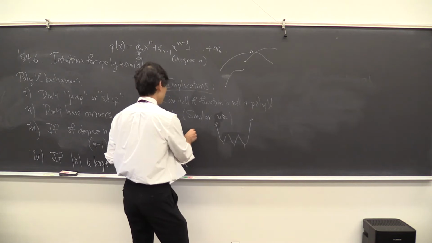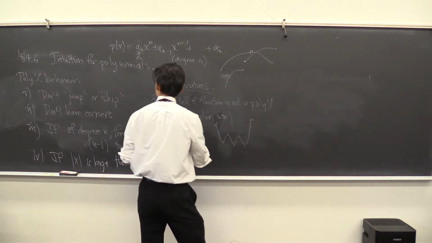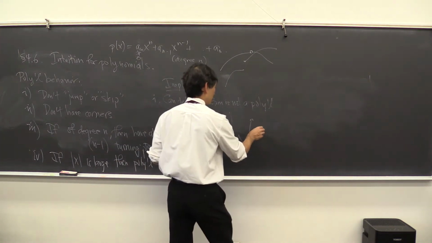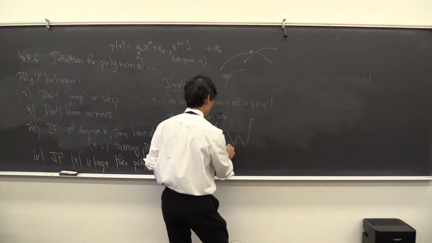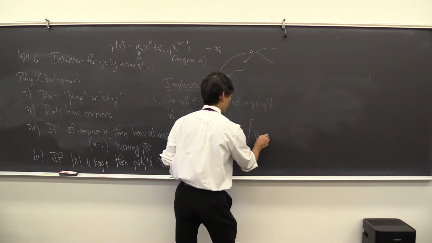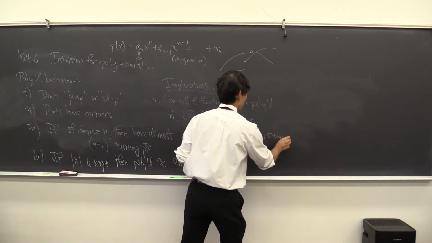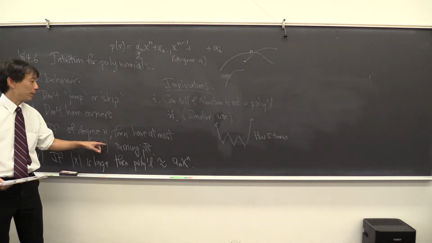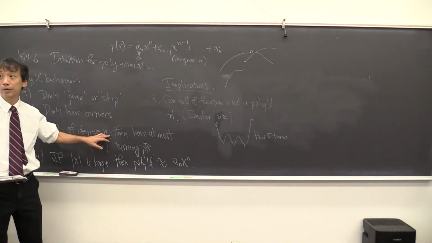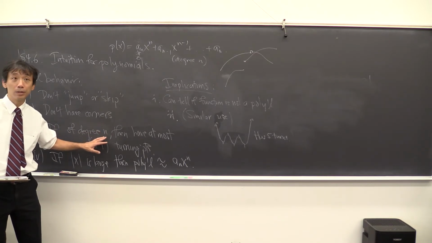So this one has 5 turns, and you know that it can't be degree 5, and it can't be degree 4, 3, or 2. Make sense?